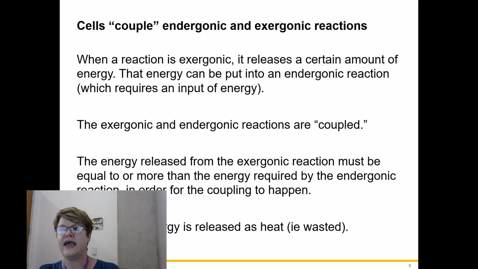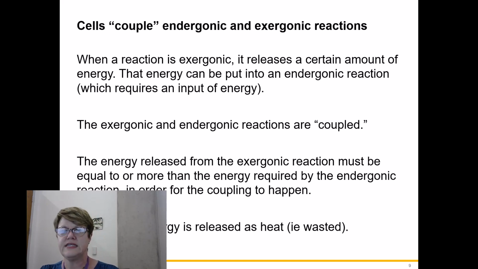What a cell actually does, because no reaction exists in a vacuum, the reactions are happening in a cell, and the cell is managing the energy that is being released and put into different reactions. So lots of different reactions are happening in a cell. And so a cell will, what we call, couple endergonic reactions with exergonic reactions.